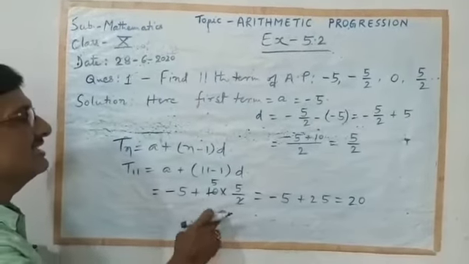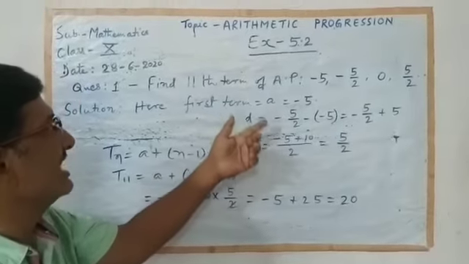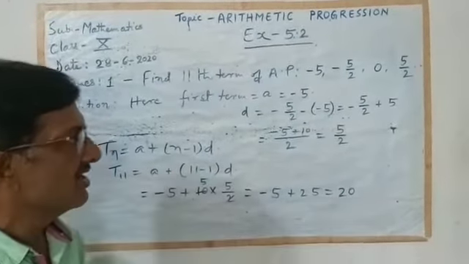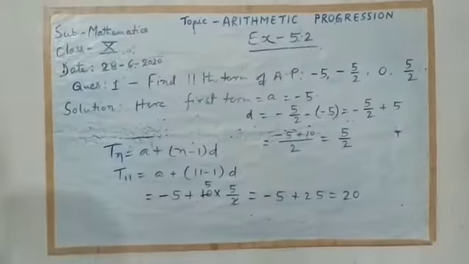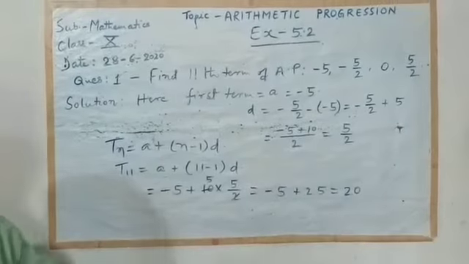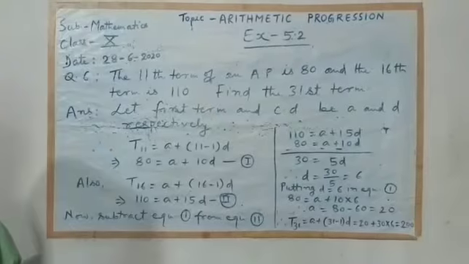When we solve this, we are getting 20. So the 11th term of the given AP is 20. So in this way we can find any term of the given AP by taking its first term and its common difference.